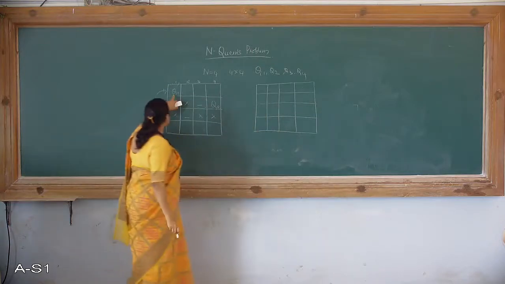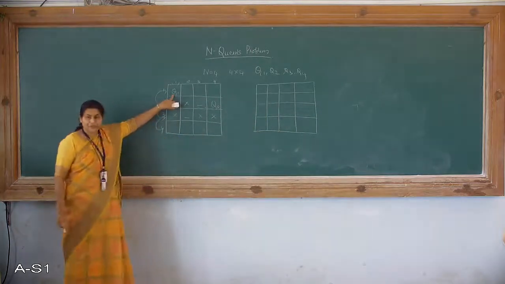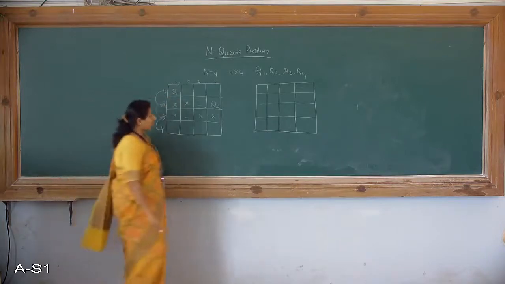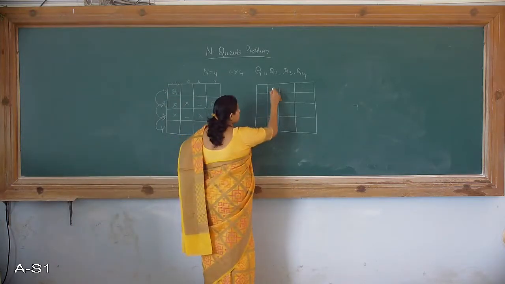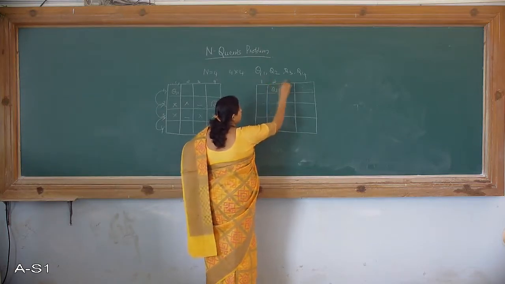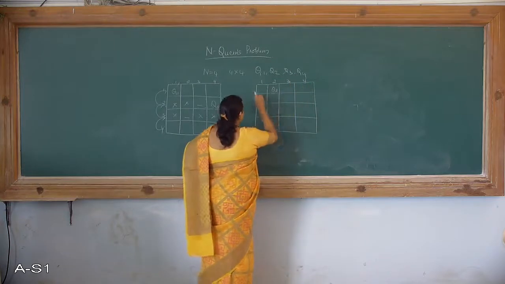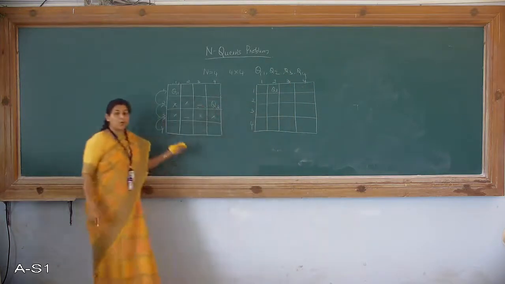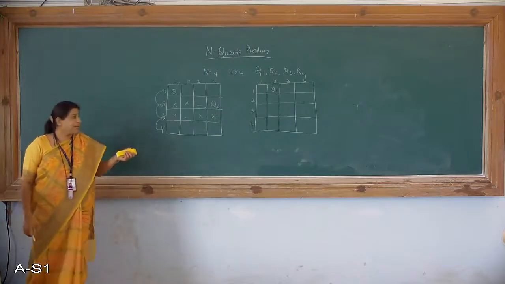Right. In my earlier attempt, when it was at the first position, it did not work. So now let me put my queen 1 at the second position. So second means columns 1, 2, 3, 4. So let us see now, will this work? Right.